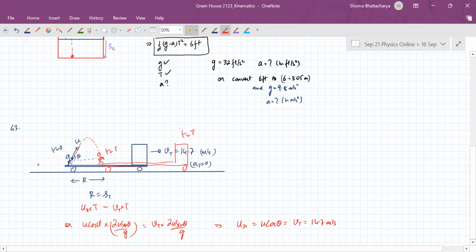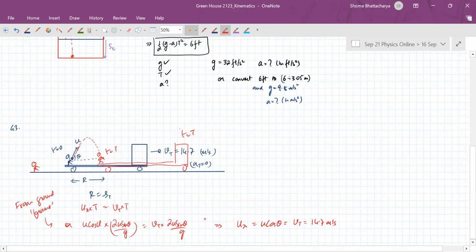Now this is the motion as observed by a person on the ground. Okay. This is from the ground frame point of view. Now what else is given to you? That the truck has moved 58.8 meters. Okay.